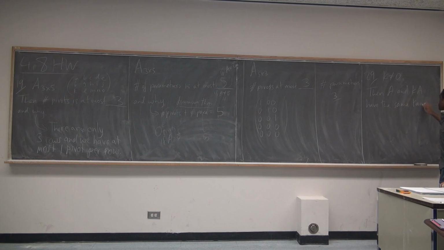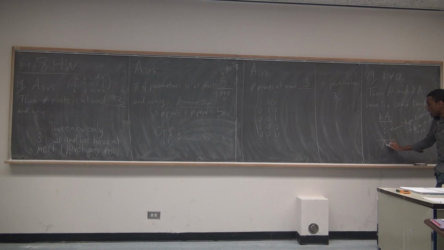So if you start with KA, what you do here is a type 2 operation to divide by K in each row.